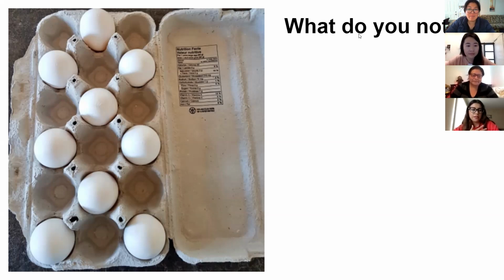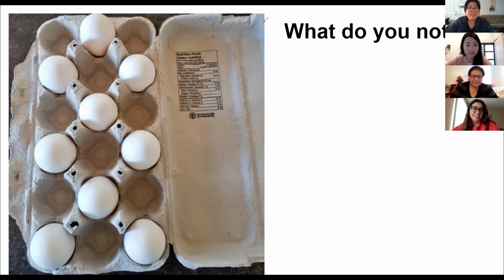Okay. I see, Miss Yokima, what you notice. How many things? 3 things. Would you like to share one? I noticed that there are 1, 2, 3, 4, 5, 6 rows in a carton of eggs. And I love that you talk about this vocabulary word rows because we have been talking about that in our previous number talk day 1 and day 2.